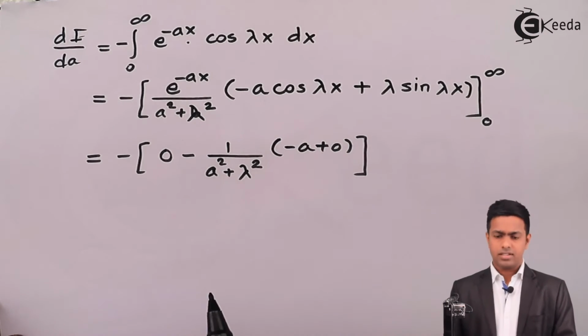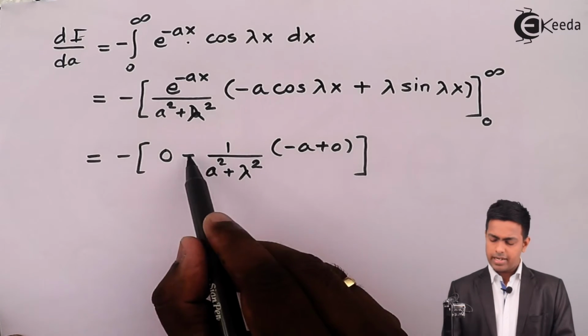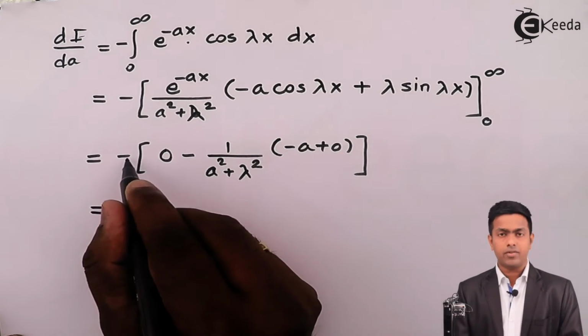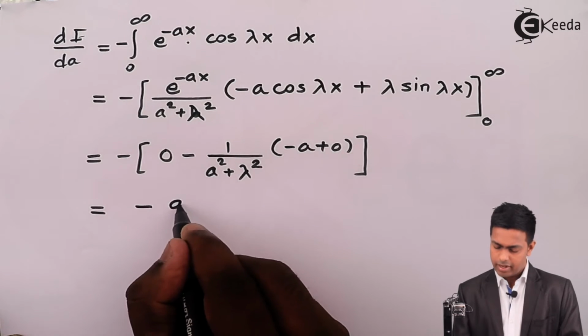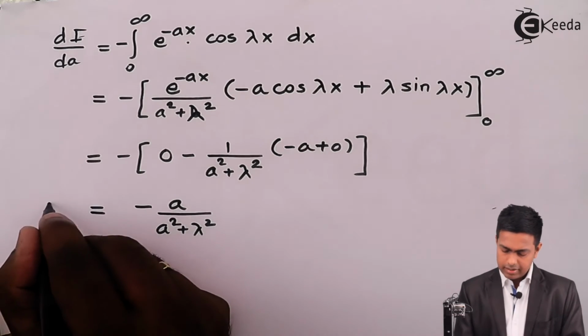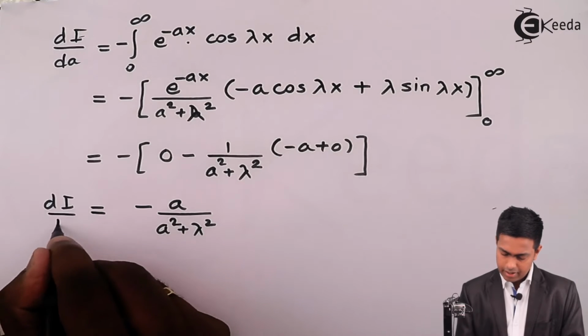Now let's solve this. This minus and minus will become plus, and again we have a negative sign, so that will become negative a by a square plus lambda square, and this is dI by dA.